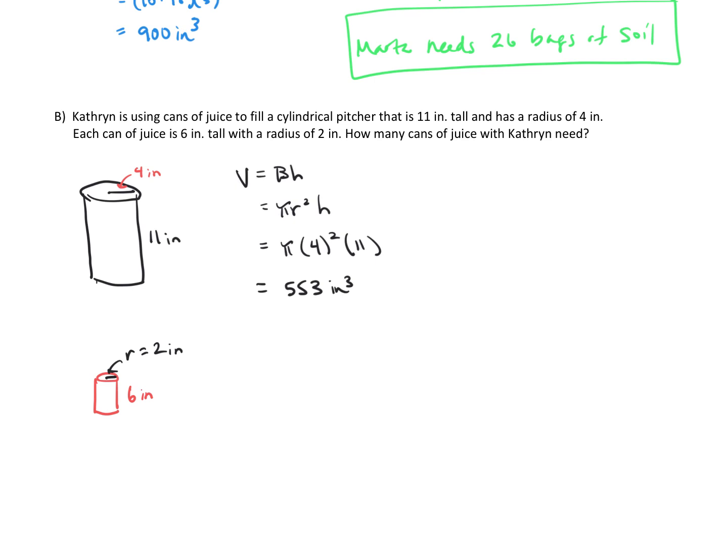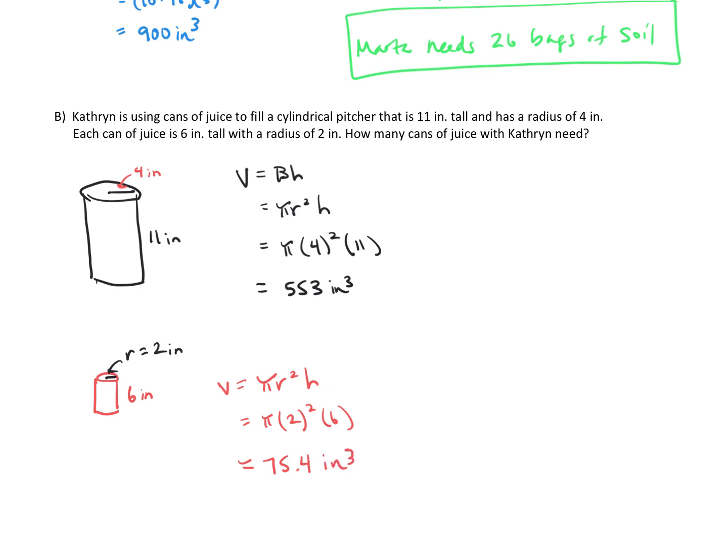Well, now let's find the volume of this smaller cylindrical can. Because it's a cylinder, we're going to have pi r squared times h, but our radius is 2, so pi times 2 squared times our height of 6, and when we multiply that out, we get about 75.4 inches cubed.